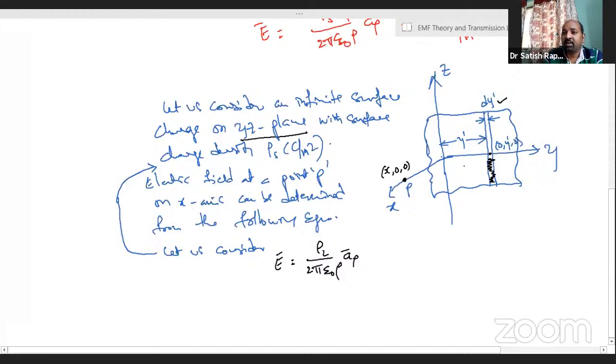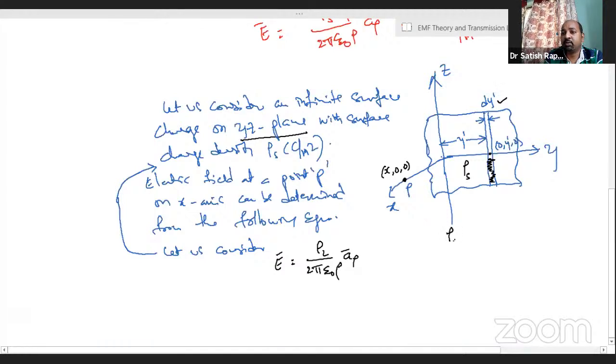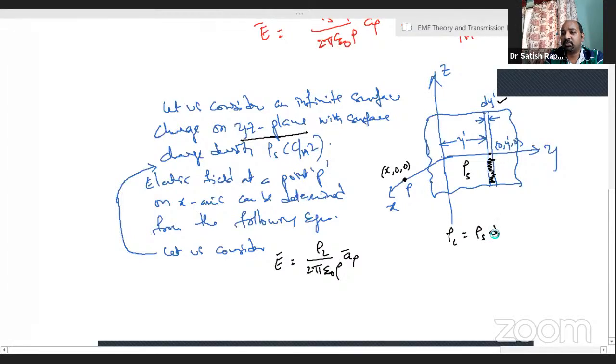And rho s is the surface charge density. So rho L and rho s can be related like this: rho L is equal to rho s into dy'.